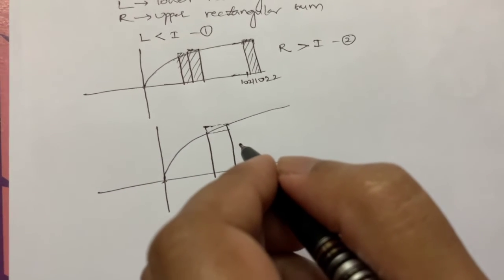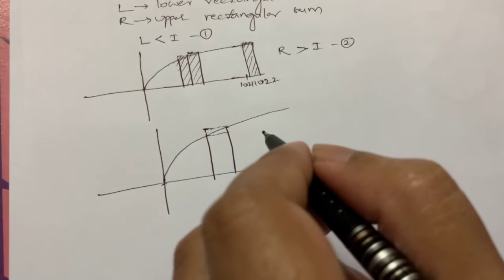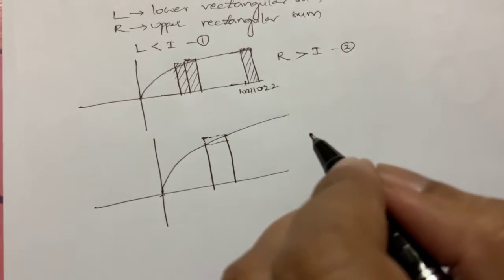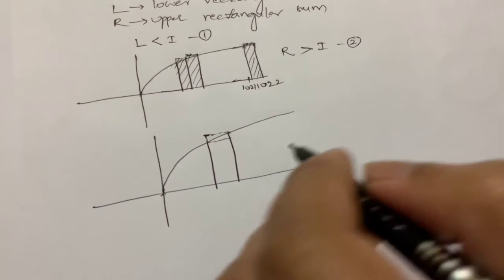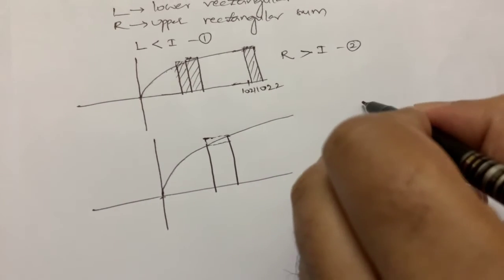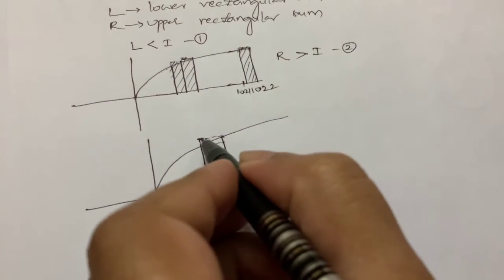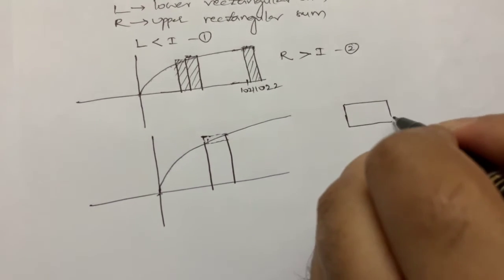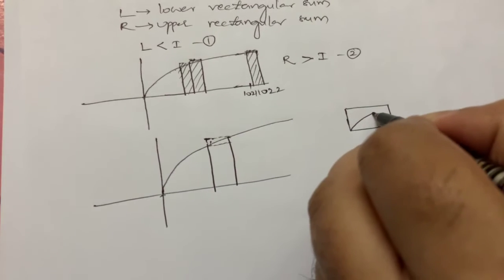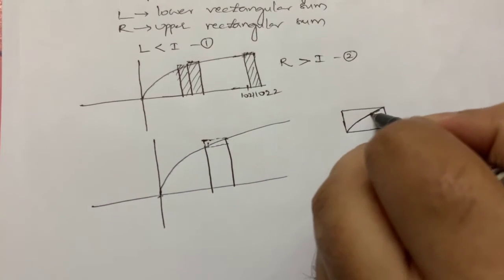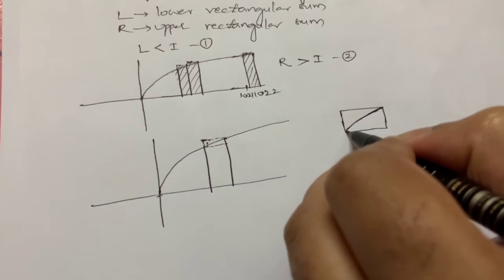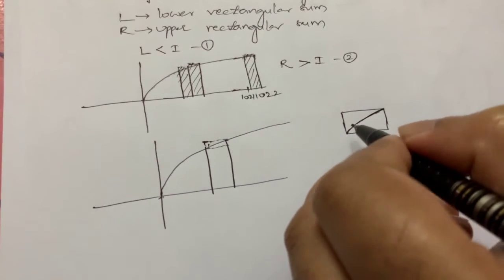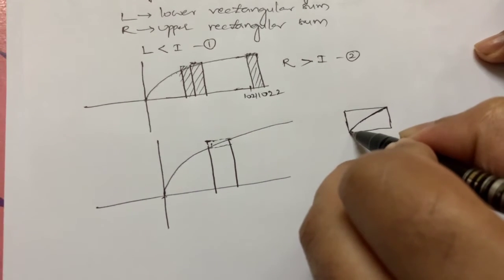We have to see whether L plus R is greater than 2I or less than 2I. First, we will consider this part. The curve is like this. It's not a straight line, so I will draw a straight line.